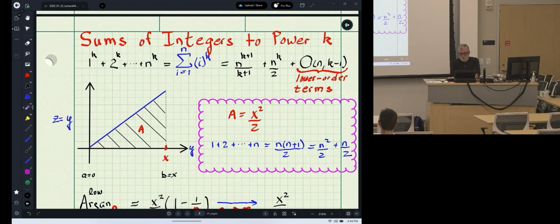But all of those sums have been worked out, and they all have this form.